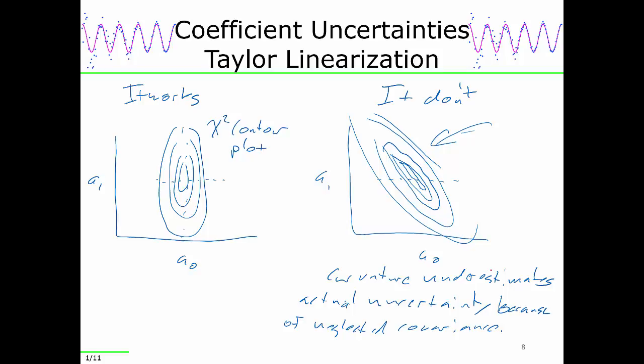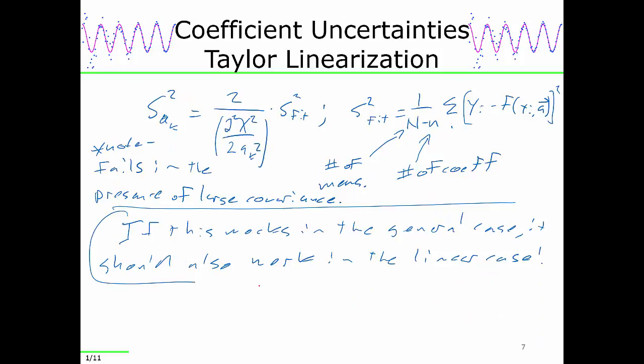So let's look at now this linear case, given that this second derivative trick works in the very general case. Let's see how it plays out in the linear case. In the linear case, y sub i equals a0 phi 0 of x sub i plus a1 phi 1 of x sub i plus a bunch of phis.